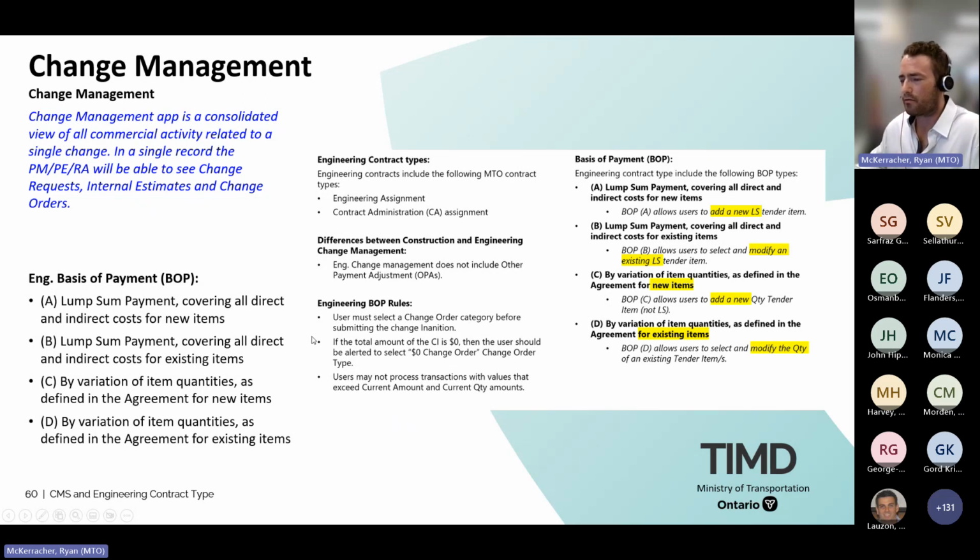You'll see here we've got 4 bases of payments, understanding that there's only 2 bases of payments in engineering. Basically, one is for engineering and one is for contract administration. But for the purpose of CMS, we had to separate the 2 bases of payments so we can do either a new lump sum payment or adjust an existing lump sum payment. And then likewise for C&D, we can add a new item with a quantity, or we can adjust an existing item with quantities.